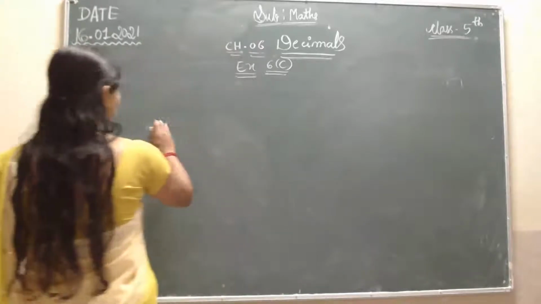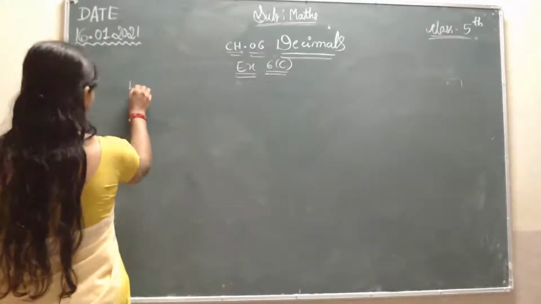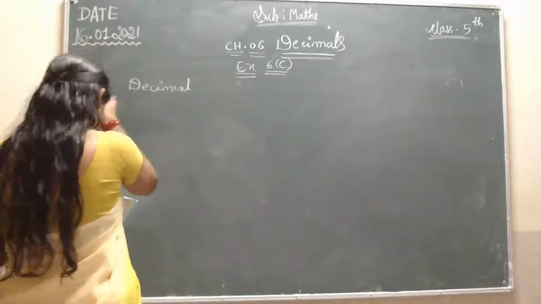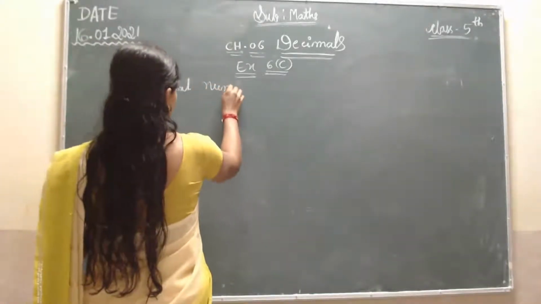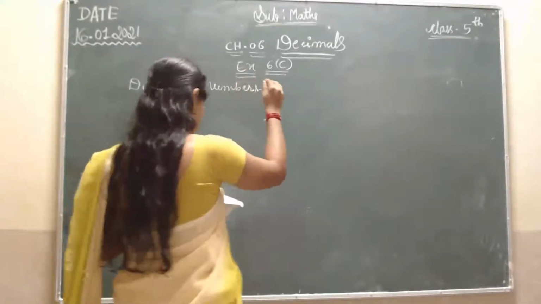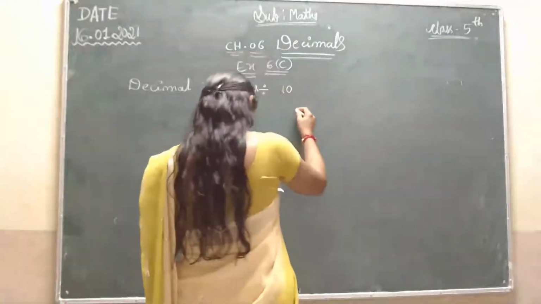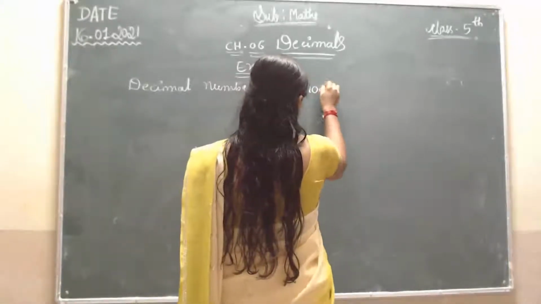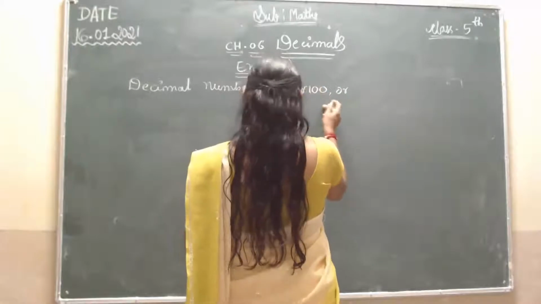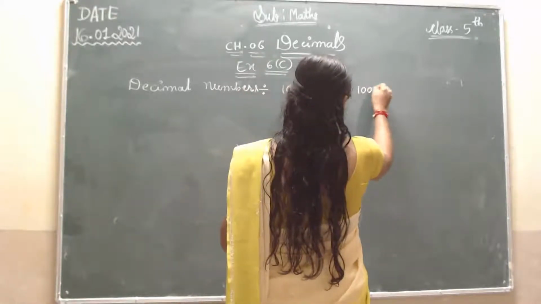Decimal numbers that are divided by 10, 100 or thousands.